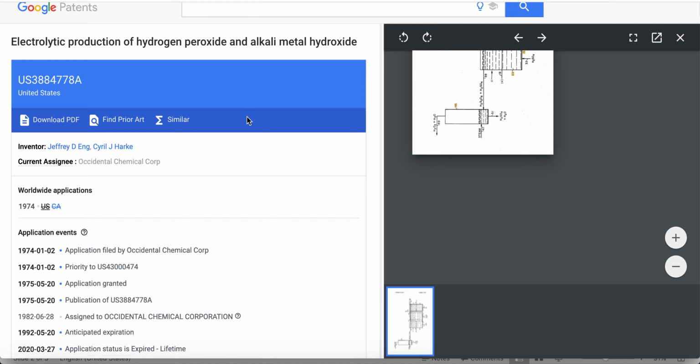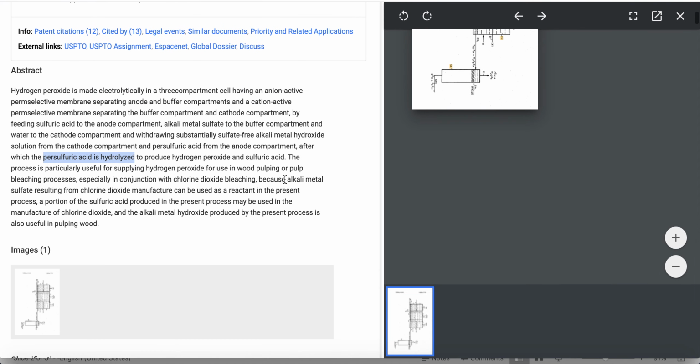This one is on the electrolytic production of hydrogen peroxide and alkali metal hydroxide. Here they say hydrogen peroxide is made electrolytically in a three compartment cell having an anion active perm selective membrane separating the anode and buffer compartments, and a cation active perm selective membrane separating the buffer compartment and the cathode compartment.